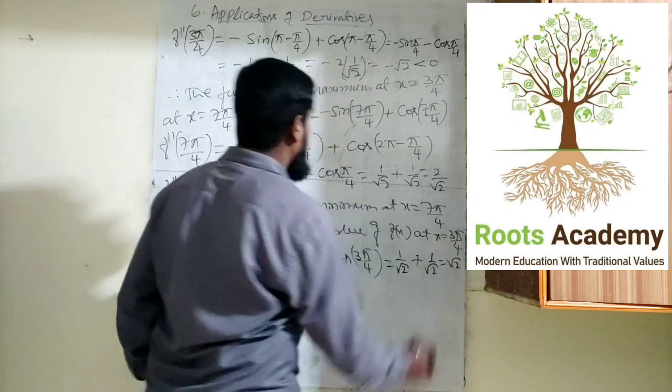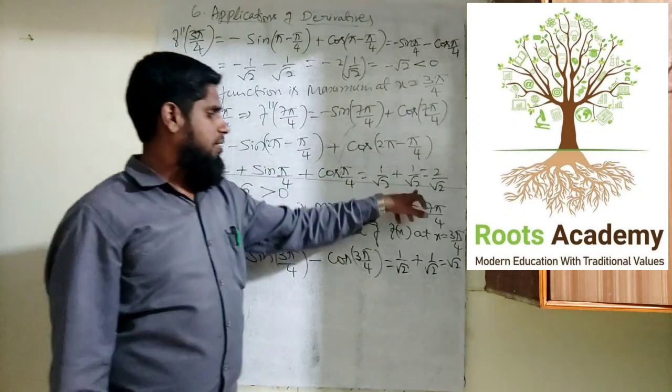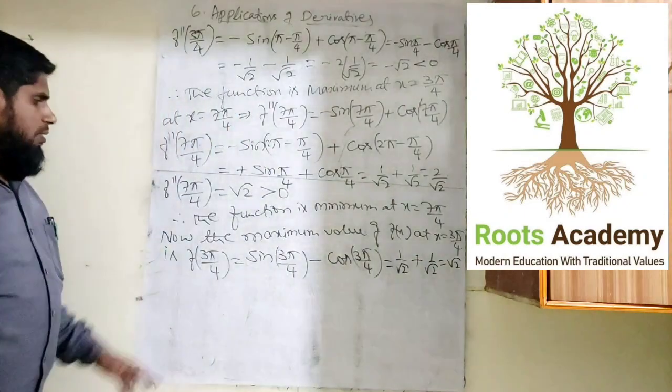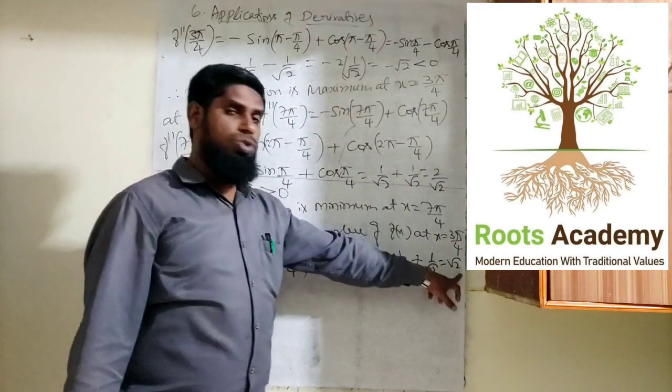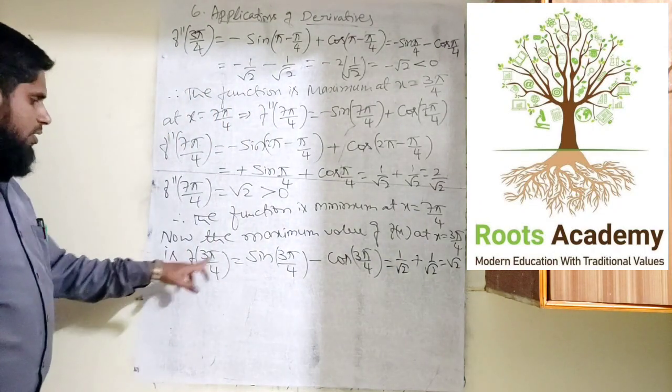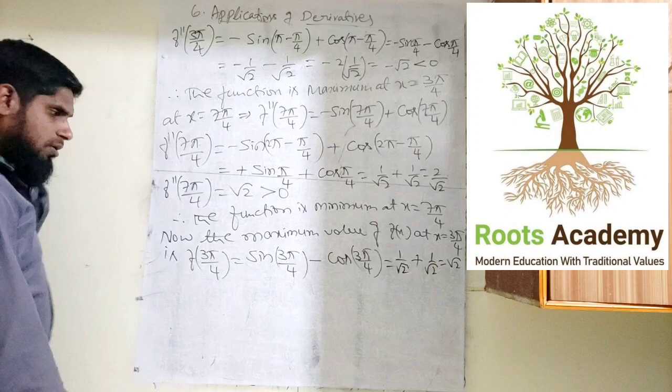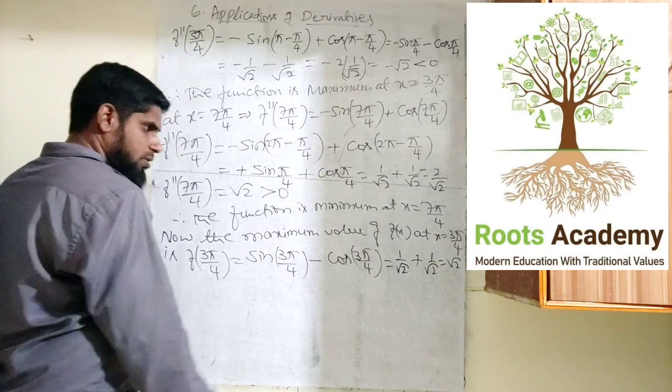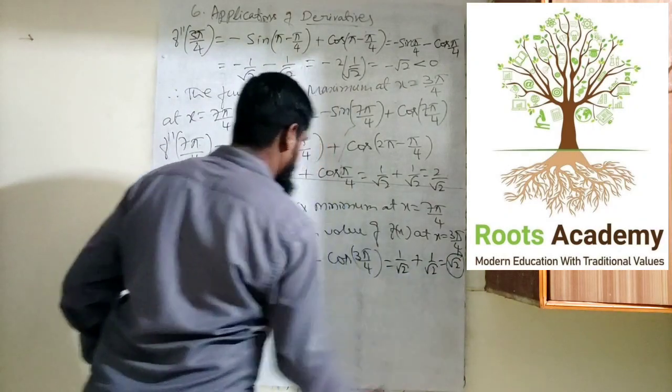The answer is root 2 here. We already simplified this. So student, the maximum value of the function is root 2, exactly at 3 pi by 4.